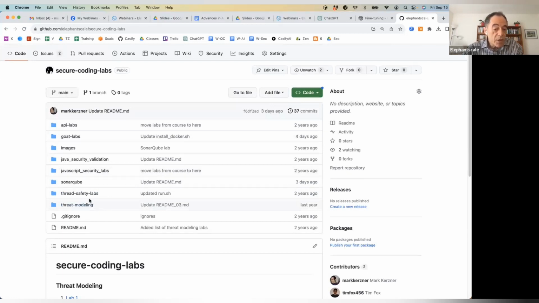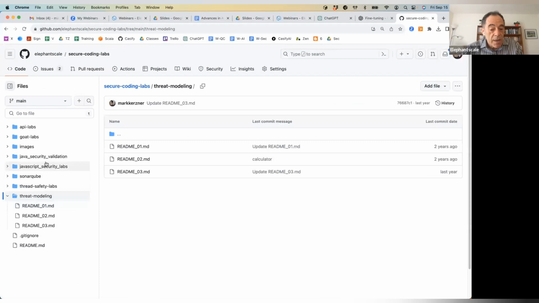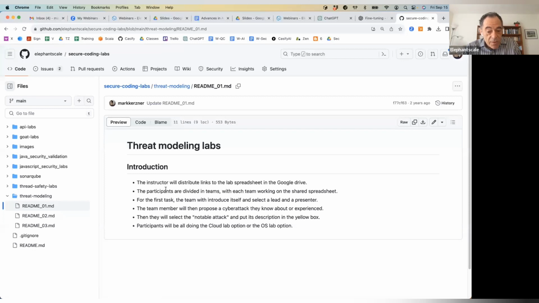What goes in a security class is, first of all, threat modeling. Threat modeling is just an explanation of how you lay out the land. You're saying, there's a big bush there, and that's where the robot can be, and so on. Here it is. The instructor gives you the spreadsheet, and then you say that's a potential attack, and that's what I would do about this.